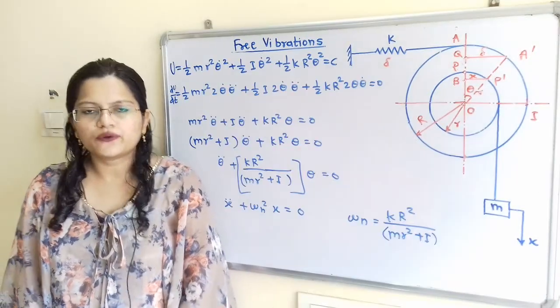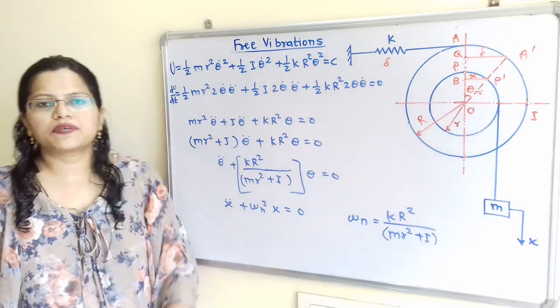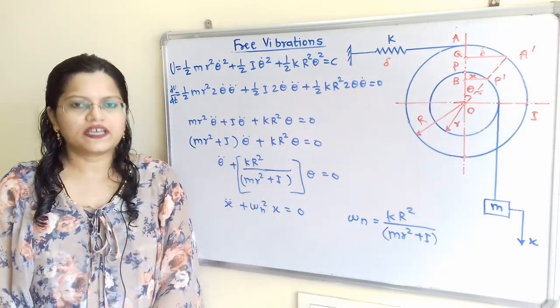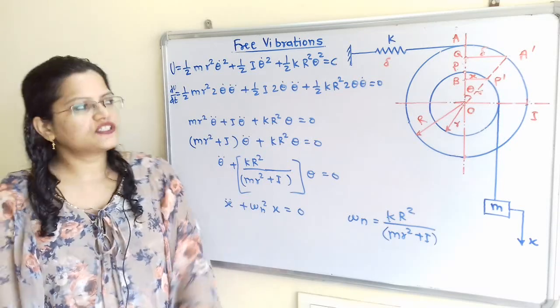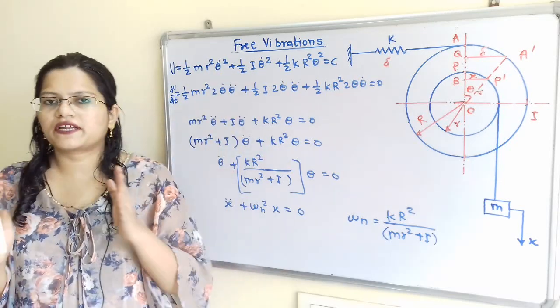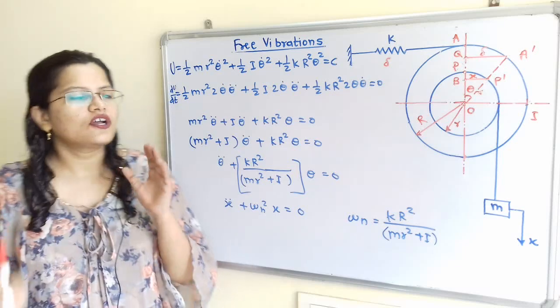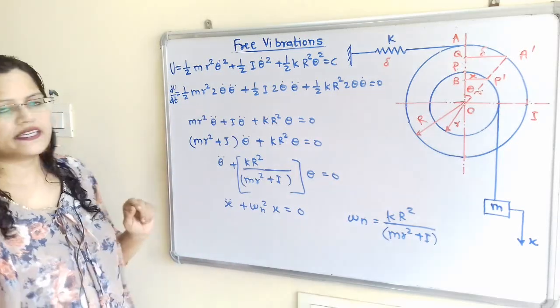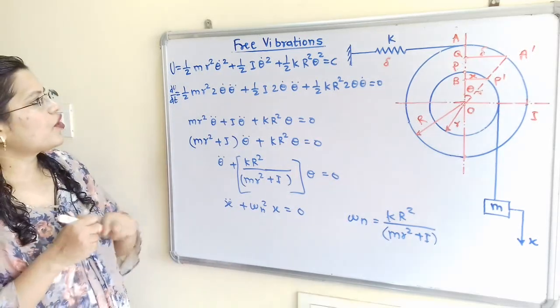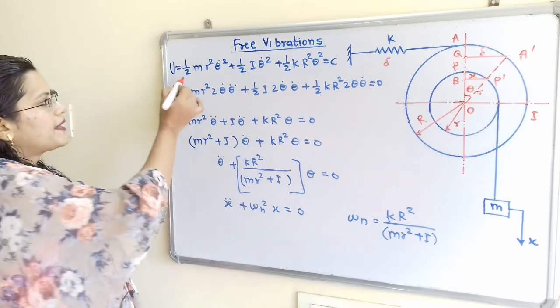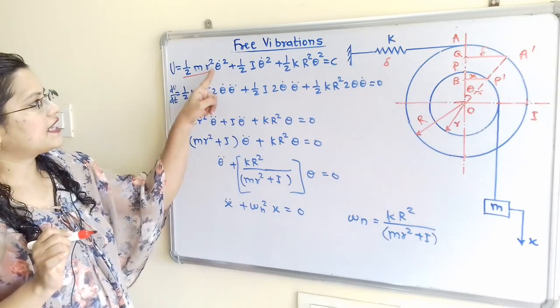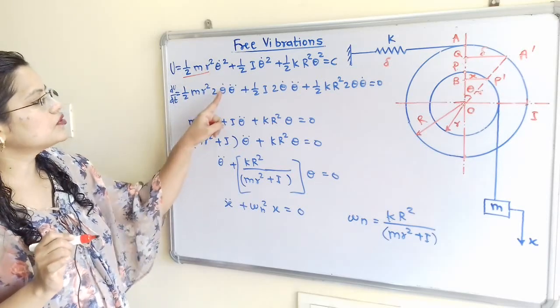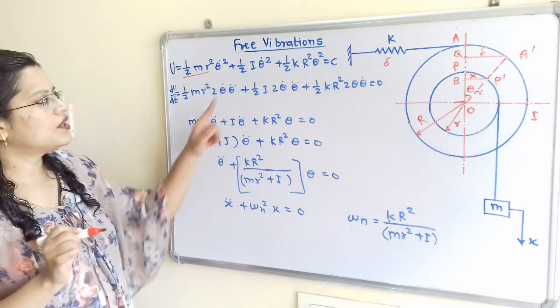Total energy U as well as angular displacement theta are variables, and these vary with respect to time t. So we can differentiate this equation with respect to time t. So we will write dU by dt is equal to. Now if we observe the first term, half m r square is a constant term, so we will keep it as it is, and for theta dot square, that is 2 theta dot theta double dot, plus.